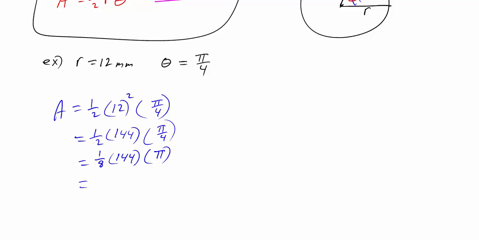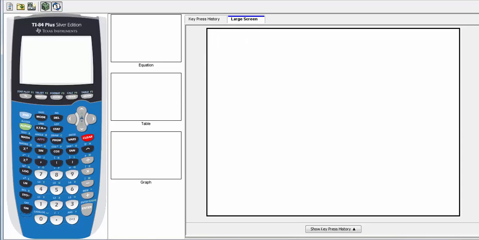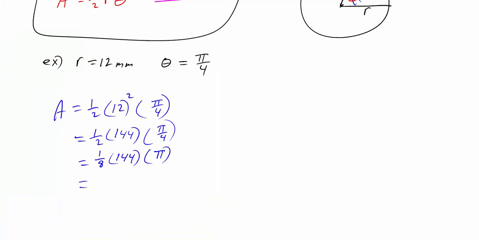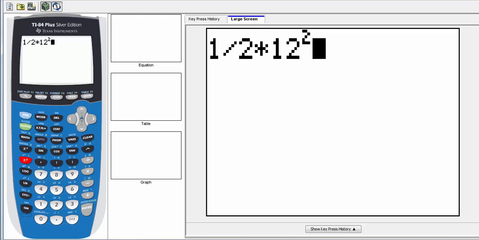Now we want to multiply this. Notice when I put this into the calculator, whether you go 1/2 times 12 squared times 1/4, or whether you type in 1/2 times 144 times 1/4, we do not want to enter the pi. We want to leave the pi as a multiple of pi. So all we're going to do is multiply out the numbers. Just for practice, I'm going to type in the whole problem from the beginning: 1/2 multiplied by 12 squared.